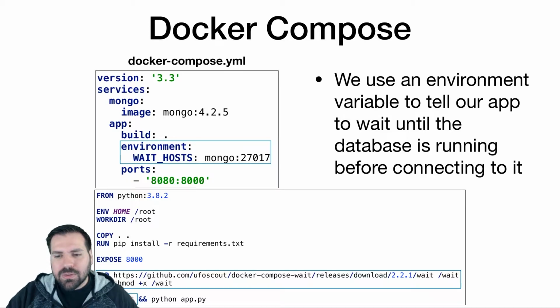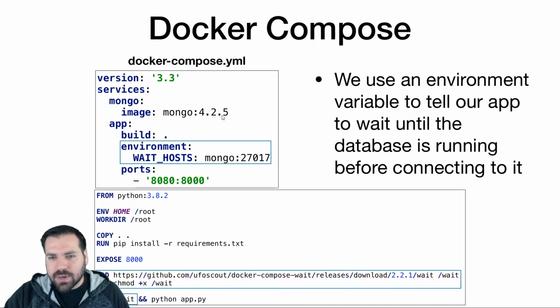With Docker Compose, that's not quite the setup we have. With Docker Compose, when we run this file, it's going to start all of our containers simultaneously, or at least concurrently. So the database is going to be started, the app is going to be started, the database is going to go through its startup script, and while it's still going through the startup script, in all likelihood, your app is going to get to the point where it's trying to make the database connection.